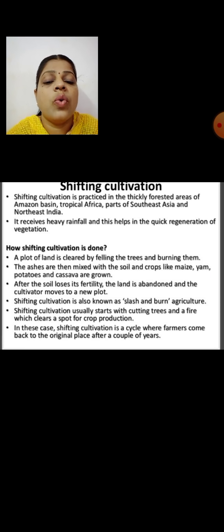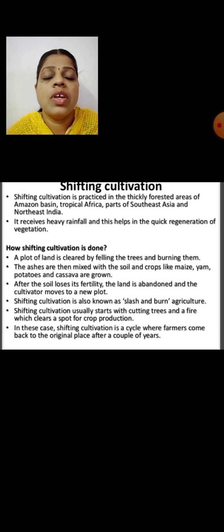And next, we'll discuss shifting cultivation, which comes under this. What does shifting cultivation mean? It is practiced in the thickly forested areas of the Amazon basin, tropical Africa, parts of Southeast Asia and Northeast India.